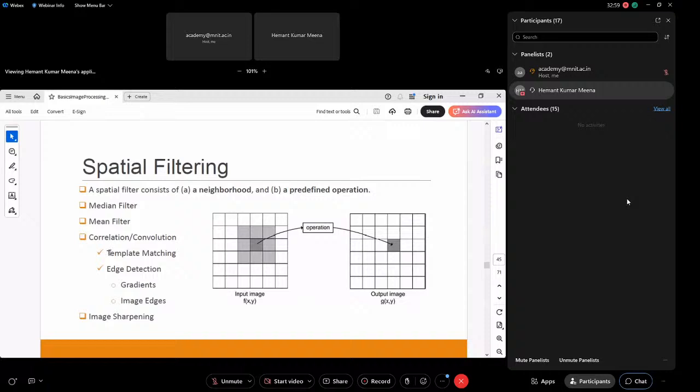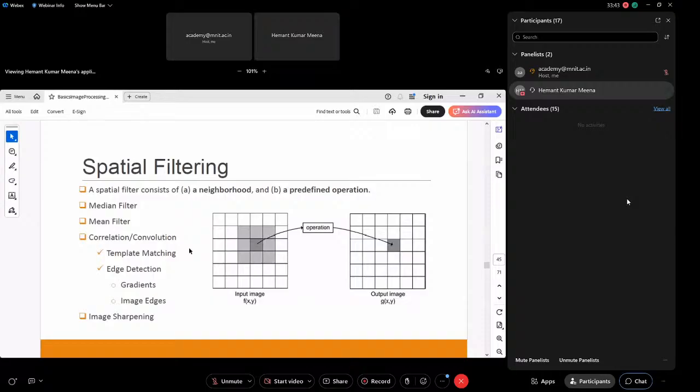Correlation and convolution. Again, these operations are very, very famous. Even today, you apply these in machine learning at the image level. We say 2D convolution, etc. These are extended concepts of filtering only. Template matching. What do you mean by template? Template means some specific pattern. Edge detection: whether you want to detect the vertical edge or the horizontal edge, different types of filters are there.